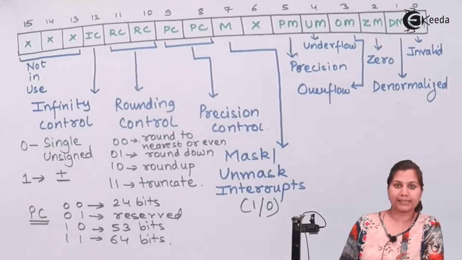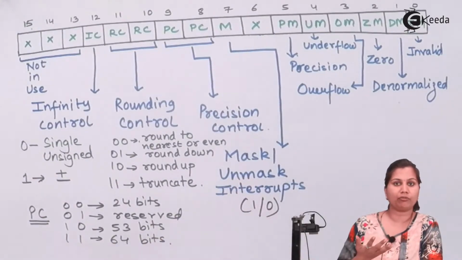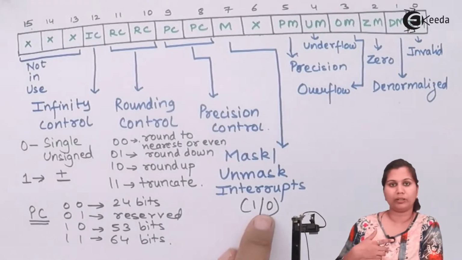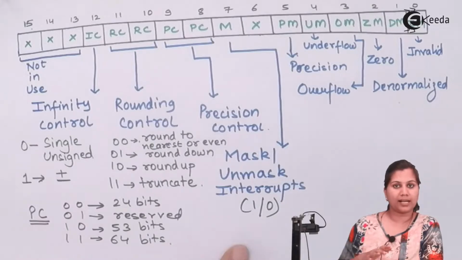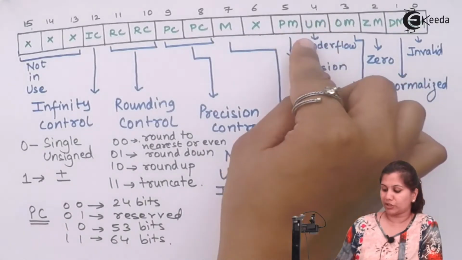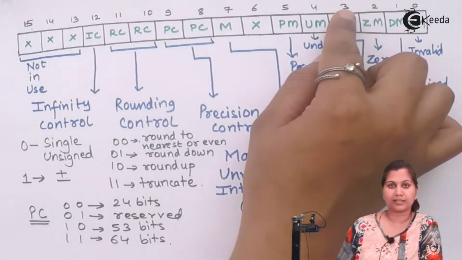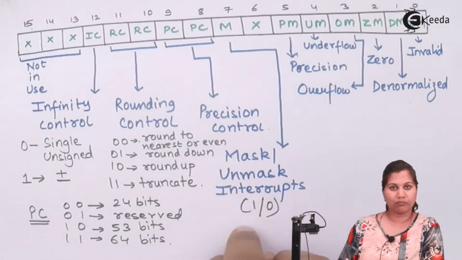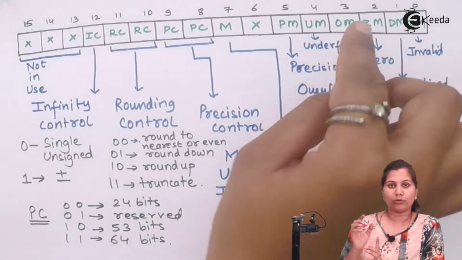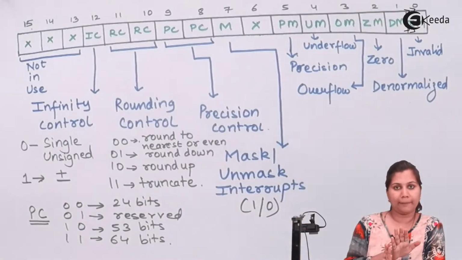If we want to mask them, then the bit will be 1. If we want to unmask them, then the bit will be 0. So 1 means mask and 0 means unmask. Suppose OM, the third bit, is 1, and here the mask bit is 1. So the overflow exception flag will be masked.